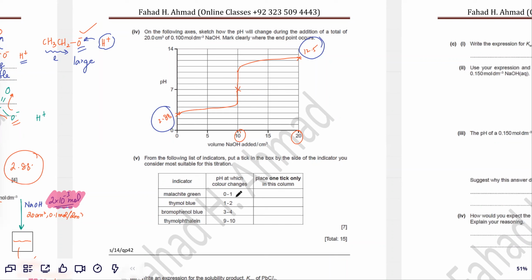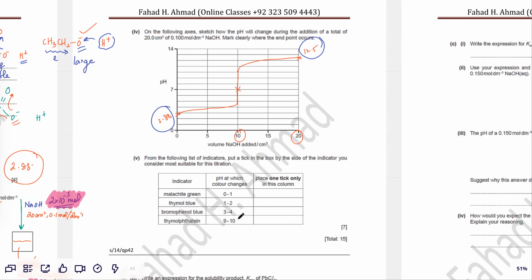So 0 to 1 is not going to work. 3 to 4 is probably not going to work as well, because if it's changing color at 3, the color might change at this point, because this is 3, right? So you don't want it to change color at this point. You want the color to change when this pH is crossed.